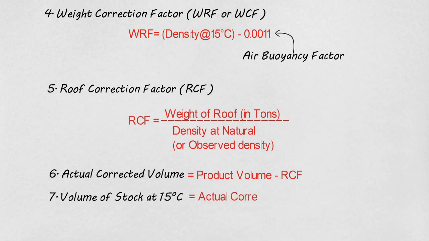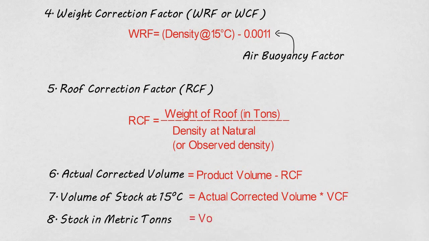You will have to multiply this corrected volume with the volume correction factor, that is the VCF which you have obtained from the 54B table. The quantity you get as a result is the volume at 15 degrees. And if you further multiply this volume at 15 degrees with the weight correction factor, you will get the mass of the product in metric tons.